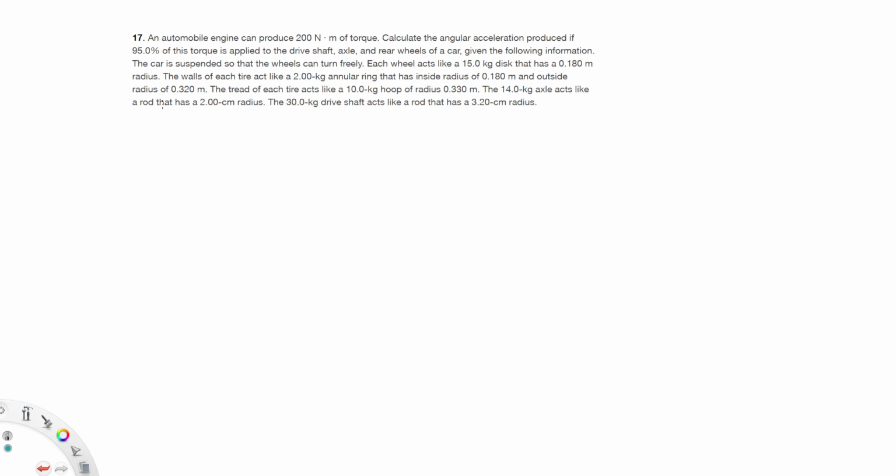Here, to be more precise, our car wheel has several parts. It's got an interior wheel that is more or less solid metal. And then around that, there's the body of the tire.